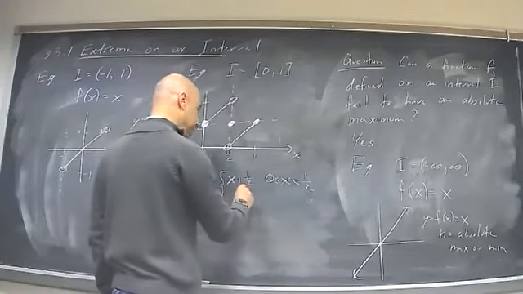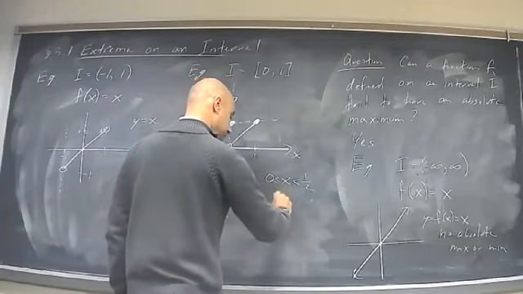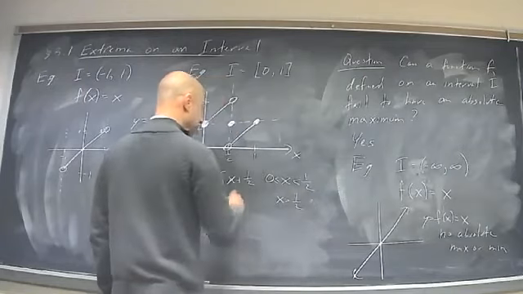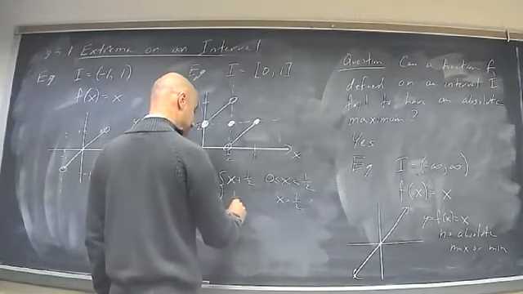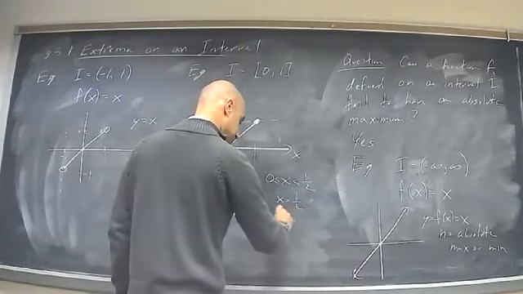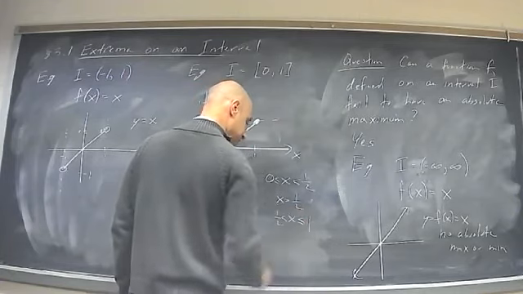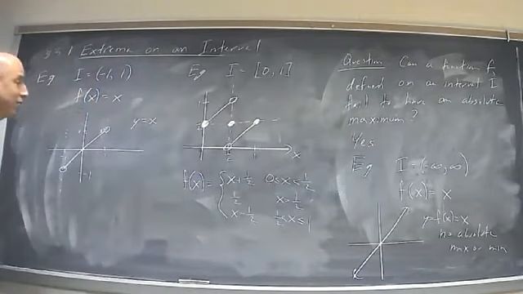And at x equals 1/2, I'm at 1/2. And if I'm between 1/2 and 1, it's x minus 1/2. So that's just that. I don't need this. This picture's perfectly nice.